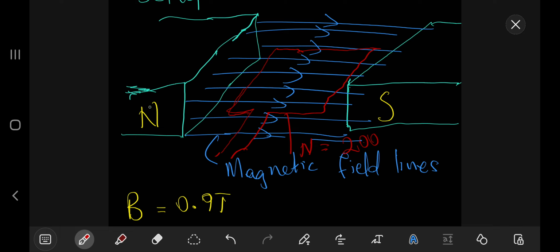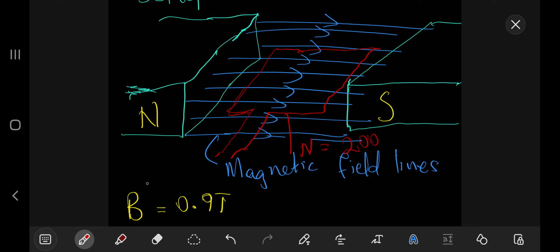But we said we are using magnets, north and south, and the magnetic field strength we said is 0.90, and the magnetic field strength will stay constant because we are not changing the magnets. Therefore throughout the experiment the magnetic field strength will remain at 0.9 Tesla, right?